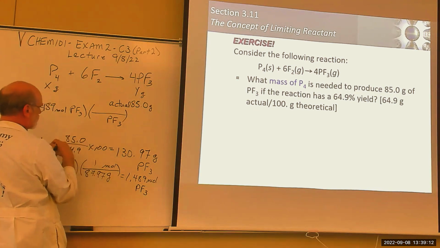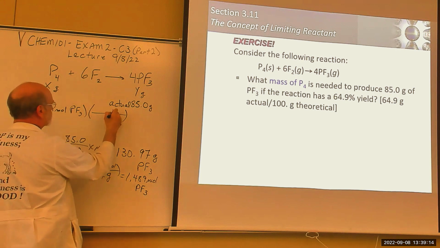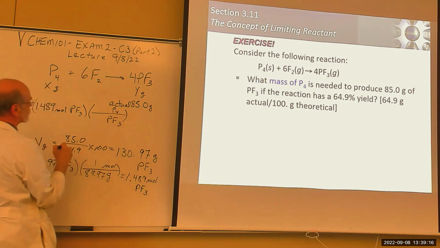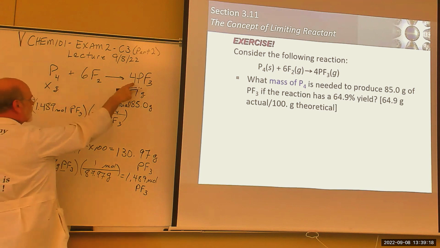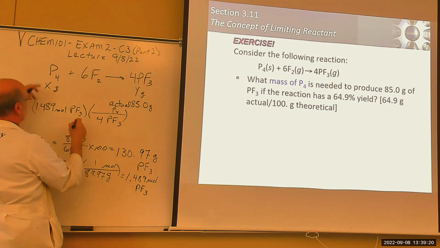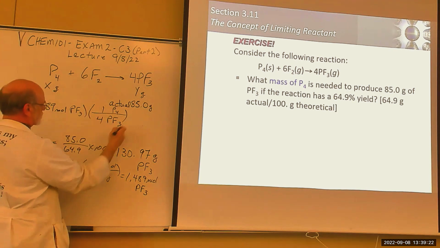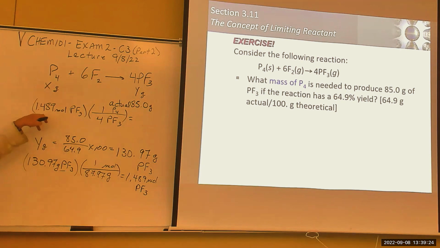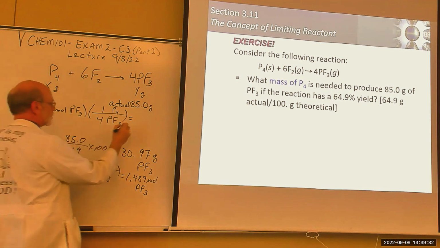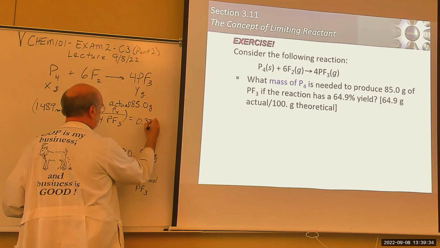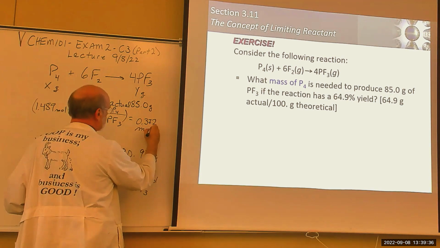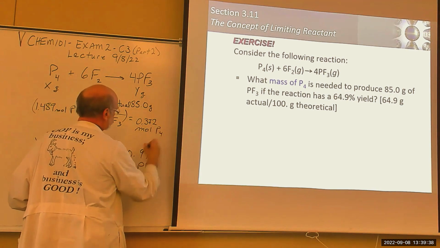PF3 on the bottom, get rid of that one, and P4 on the top. So what's the ratio? Well, PF3 is 4, and P4 is 1. So we divide 4 into that number, correct? 0.372. 0.372. What is that? Moles of P4.